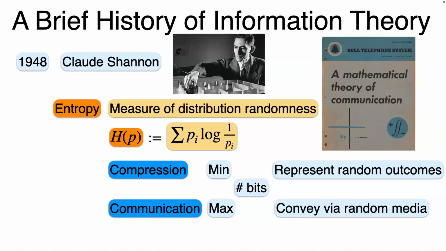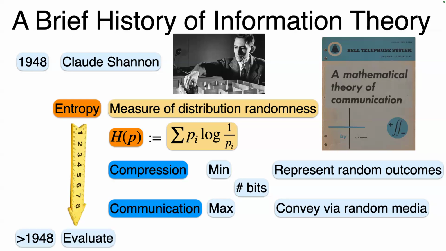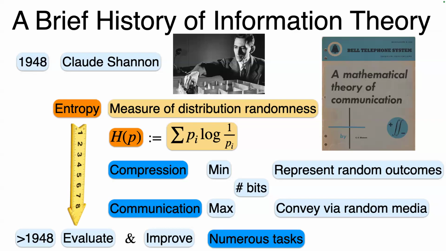Entropy is, as we said, a measure of randomness, and so subsequently after 48, people used this measure to first evaluate. And once you can evaluate things, you can improve many applications, many different tasks. So this is 1948, and then in 1956, just 8 years later, there were many applications, and Shannon wrote another article called The Bandwagon.